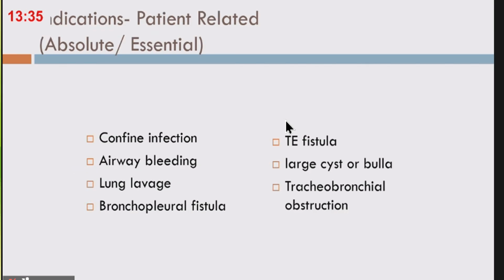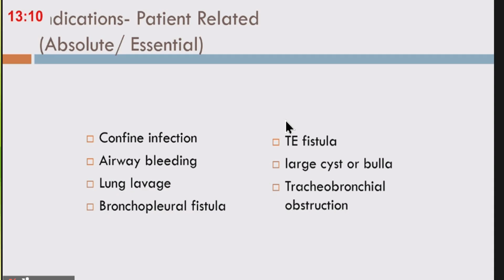Several indications, but some are absolute, and these 6, probably 7, are the absolute ones. One, to confine infection. If there's airway bleeding in one side, you want to separate the two so that you could at least get some ventilation and oxygenation through the area that's not bleeding.